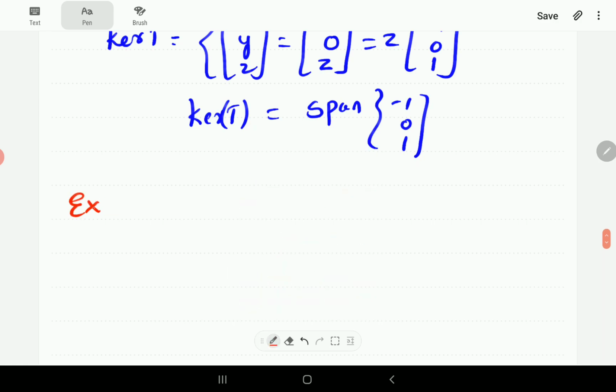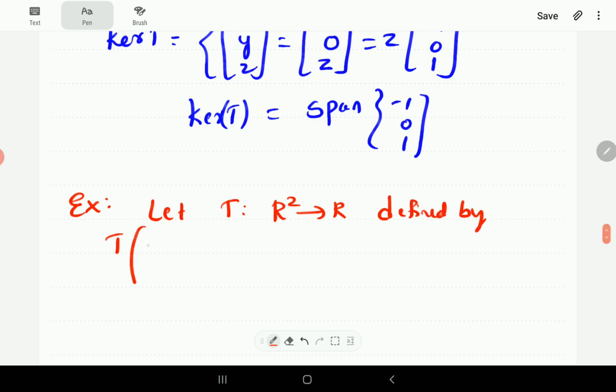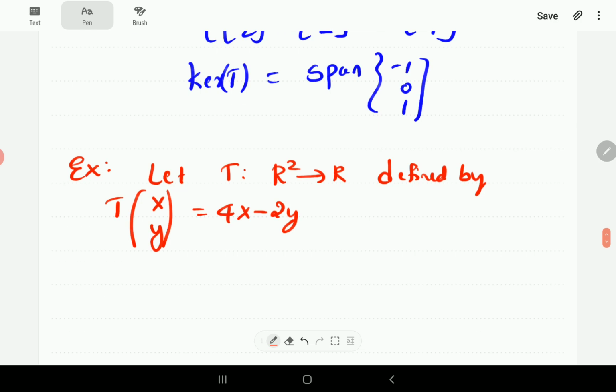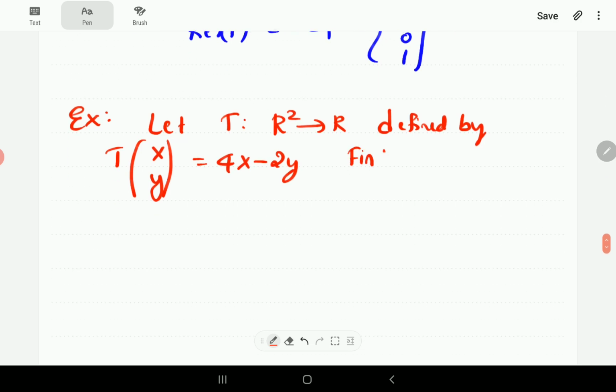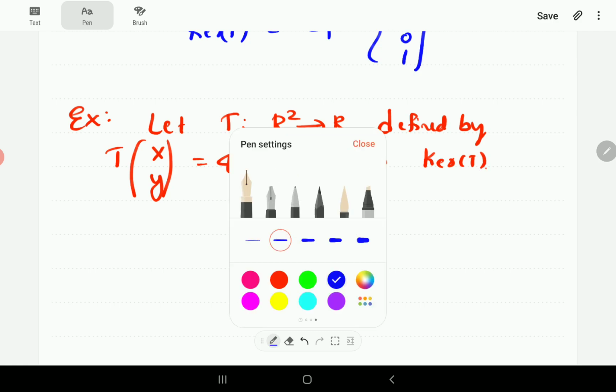Okay. This example, let t be the function from R2 to R, defined by t of x, y is equal to 4x minus 2y. So find the kernel of t. Okay. So let's see this.